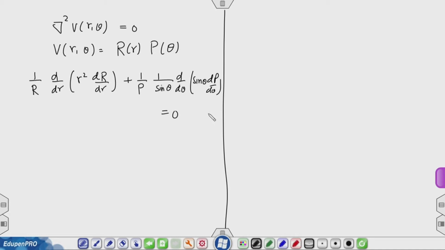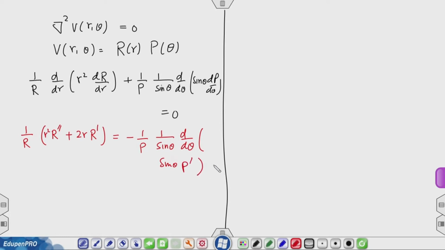And using the standard methods of separation of variables, I am going to write this as 1 over R, r square R double prime plus 2r R prime, equal to minus 1 over P, 1 over sine theta d by d theta of sine theta dP by d theta, where R prime is dR by dr. On the other hand, I am going to reserve P prime for something else, so let me write this as dP d theta right now.